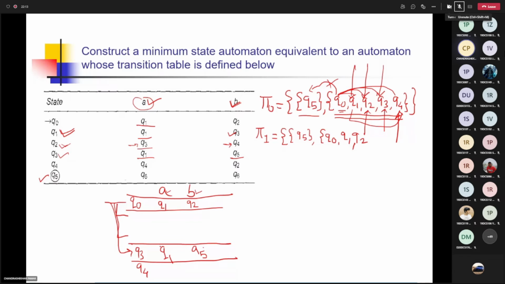So Q0, Q0, same state, it is obviously within the one set. Q2, Q5. So Q2 is available here. I am just going to change the color now. Q2 is here, then Q5 is within the another set. So they are not equivalent. So this Q0 and Q3 are not equivalent.